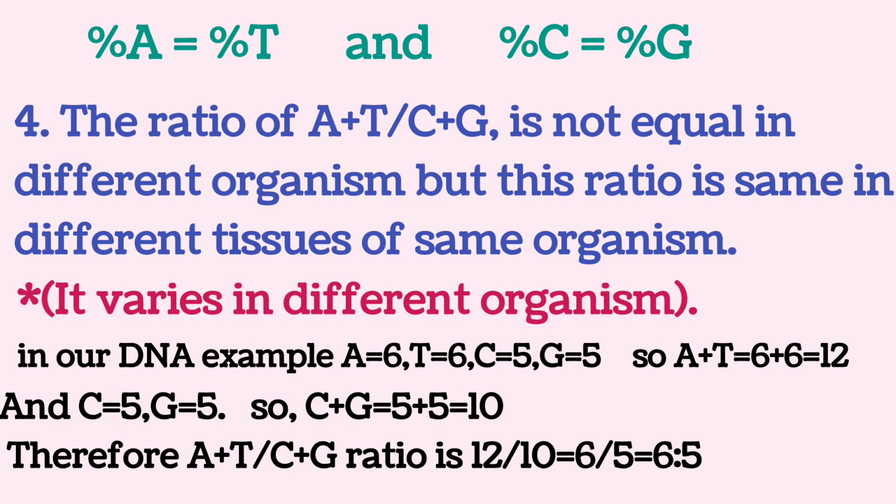Therefore the A plus T by C plus G ratio is 12 by 10, which comes to 6 by 5. So the ratio is 6 by 5. This statement says that this ratio changes in different organisms, but it is the same in different tissues of the same organism.